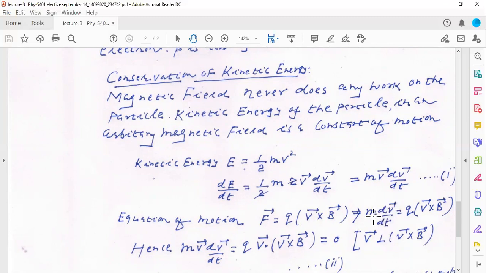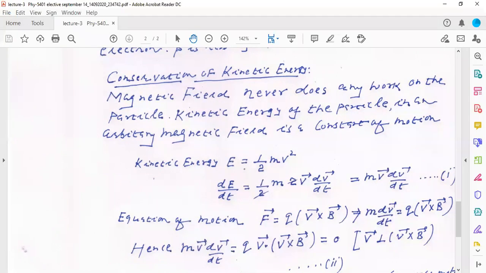So what I do is take the scalar product with vector v on both sides of this expression. On the left, m dv by dt becomes m v dv by dt, because I take the scalar product with vector v.